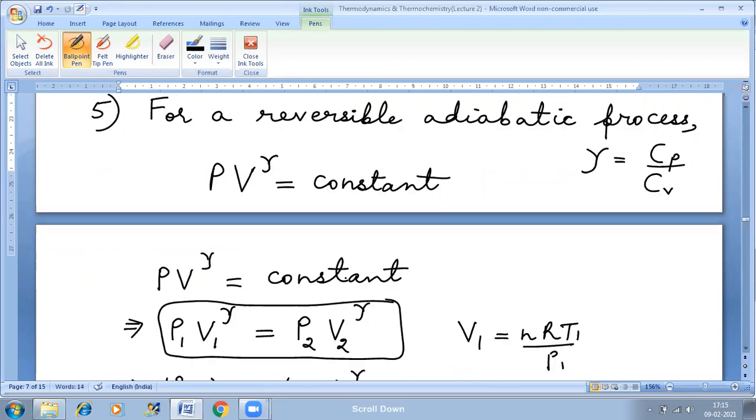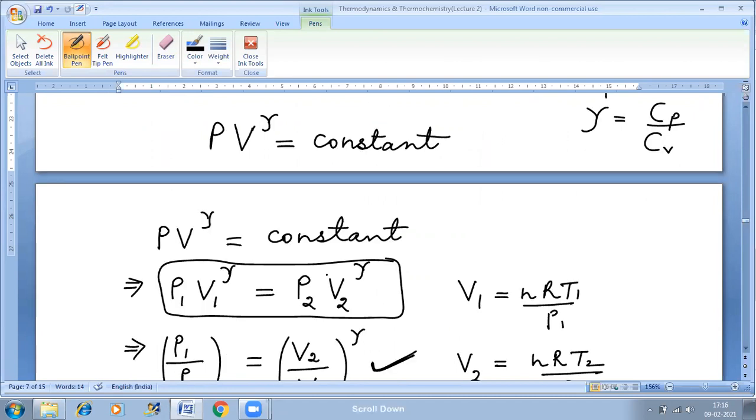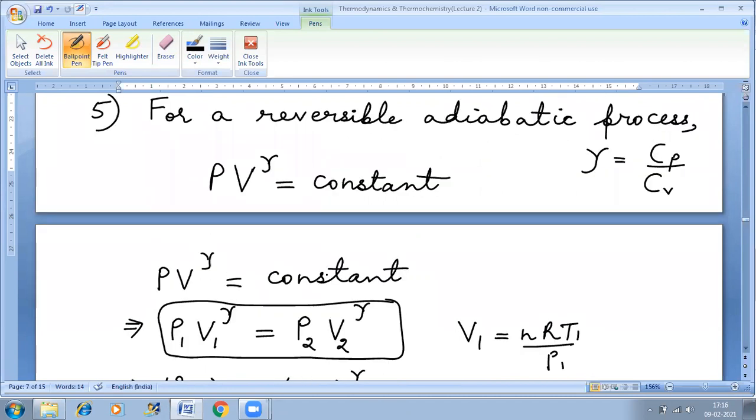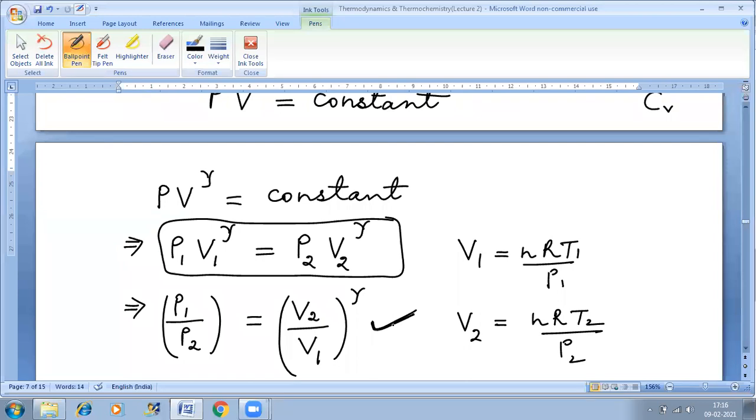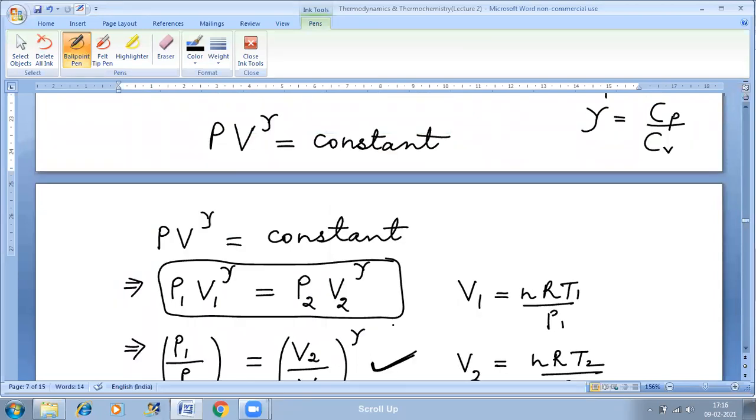So P into V raised to gamma is constant. So I can write P1 V1 raised to gamma is equal to P2 V2 raised to gamma. Also, I can put V1 as nRT1 upon P1, and V2 as nRT2 upon P2.